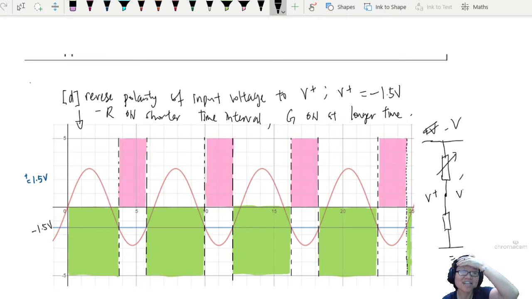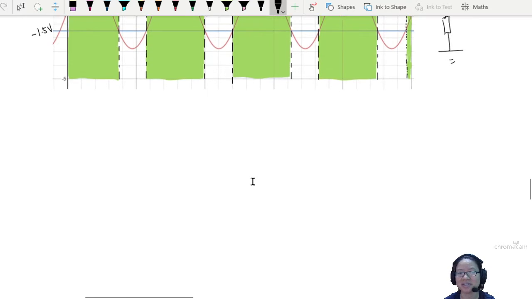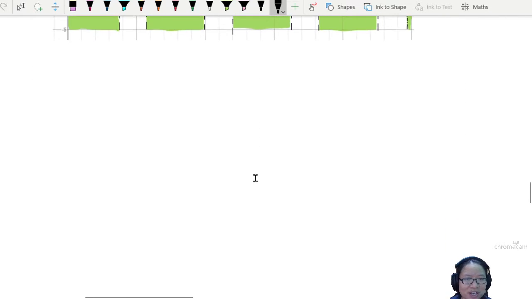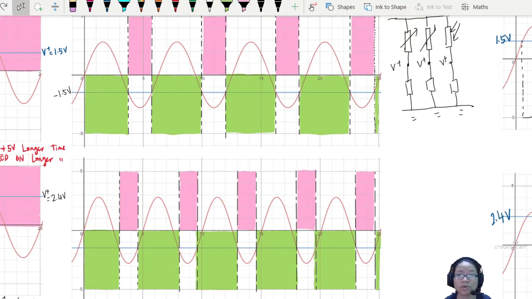Okay? And the last and final one that I asked you is what happens if I increase the frequency of this sinusoidal alternating current. Well, I have taken the liberty to graph it for you, so you can check it out here. All right, so if we increase the frequency, I just increase it slightly so that it doesn't look very intimidating.